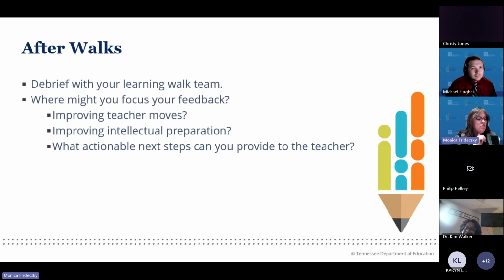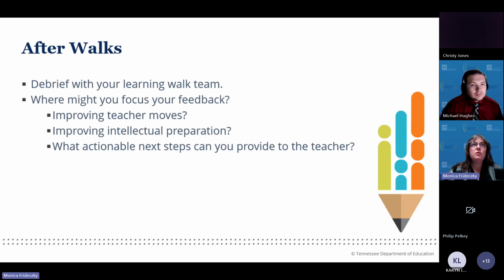Also part of the debrief after you've walked, you can have a discussion with your team or with your teachers, your coaches, whoever it might be, on what are some actionable next steps.